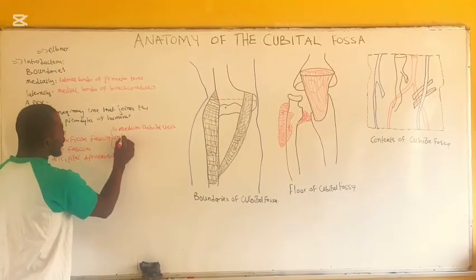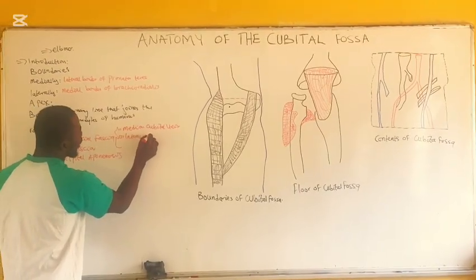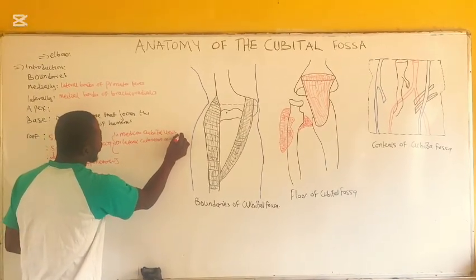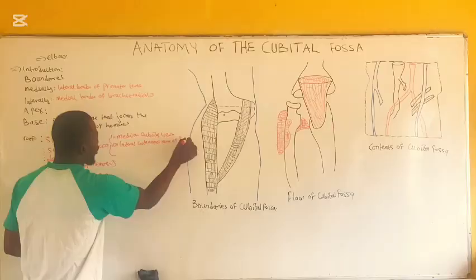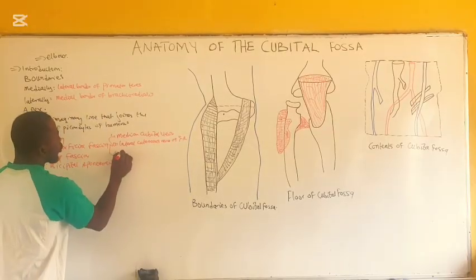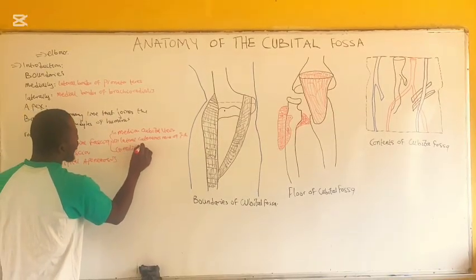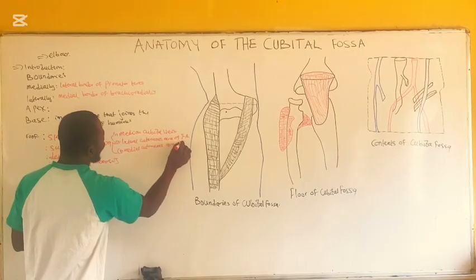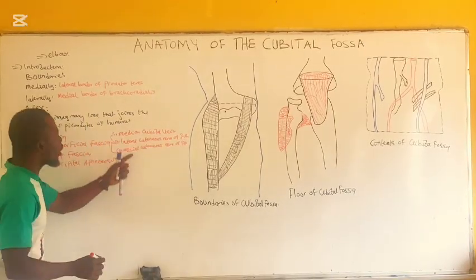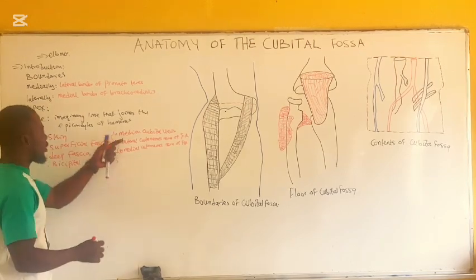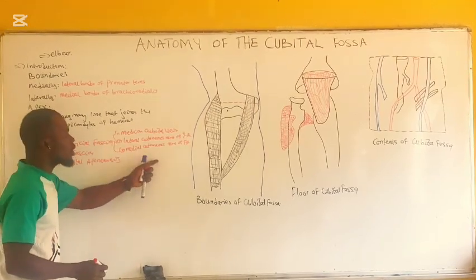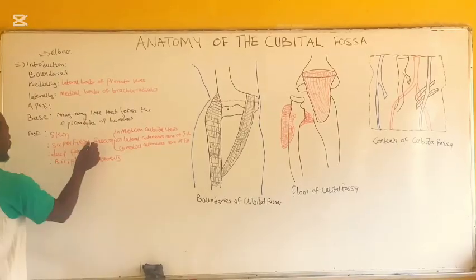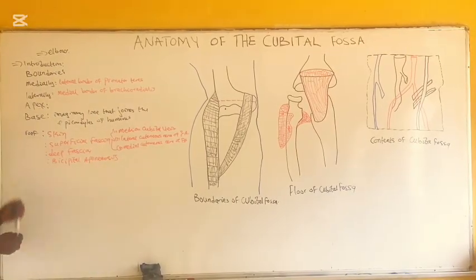Two, the lateral cutaneous nerve of the forearm, and the medial cutaneous nerve of the forearm. The lateral cutaneous nerve follows the cephalic vein, while the medial cutaneous nerve follows the basilic vein. Those are the contents of the superficial fascia, which forms the roof of the cubital fossa.